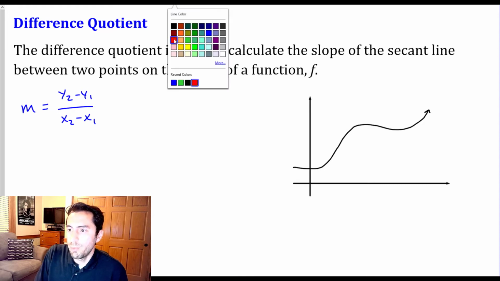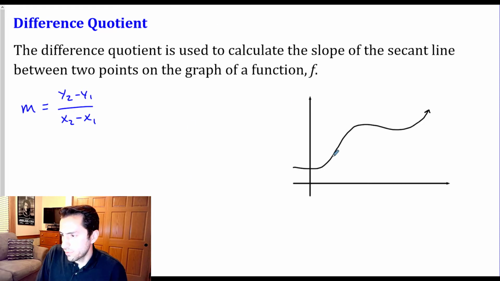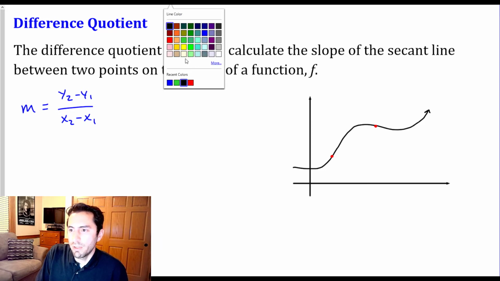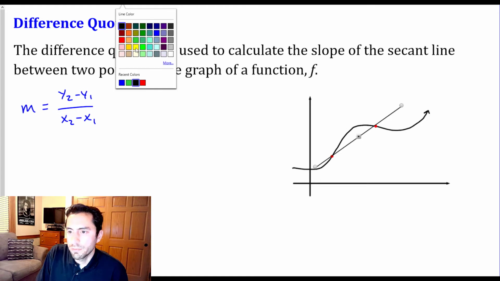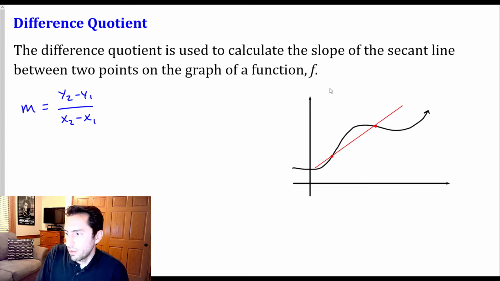So let's say we have 2 points somewhere on this curve. Let's put one right here, and it doesn't matter, let's put another one right here. So the secant line is going to be the one that goes in between these two. All right, so this line connecting these 2 points we put on our curve, that is the secant line. Now let's use our slope formula, and let's use our function notation, since that's what we're talking about, to find the slope of this.